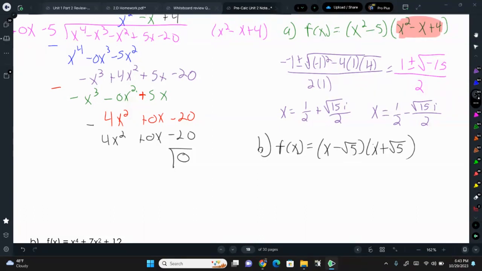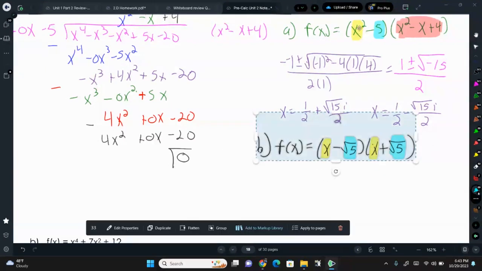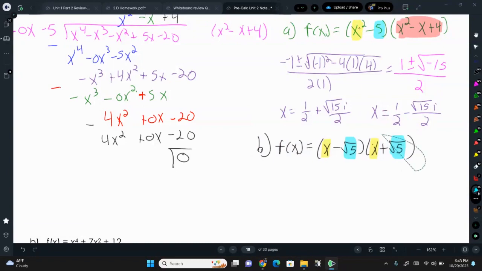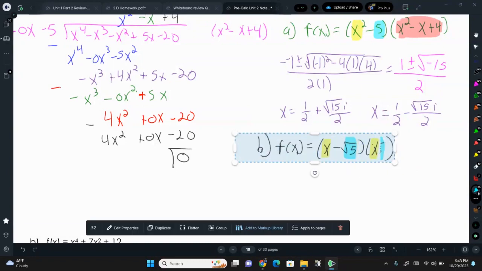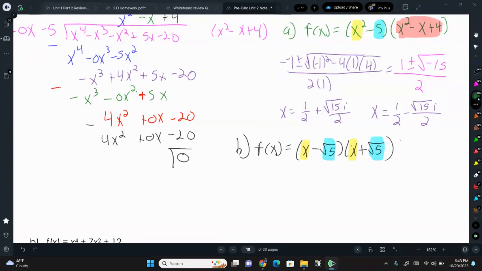Remember, our difference of two squares formula says if I have a subtraction sign here, I can take the square root of the first term, which is x, and the square root of the last term, which is 5, and those go in my parentheses. Then I would recopy the x squared minus x plus 4, since that cannot be reduced to a rational zero.